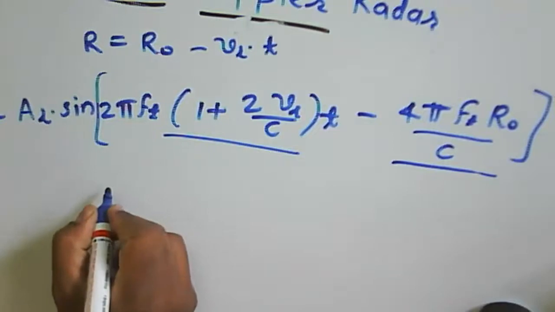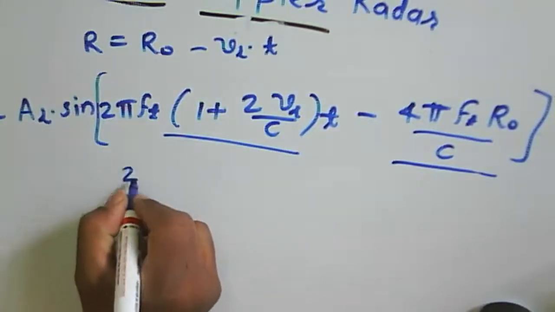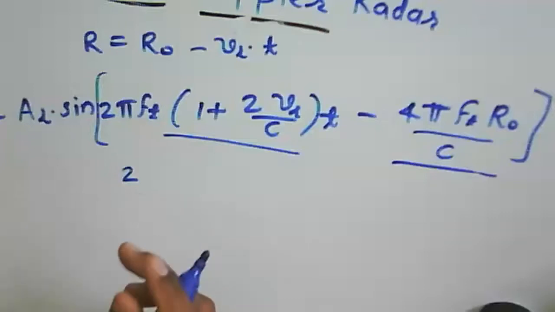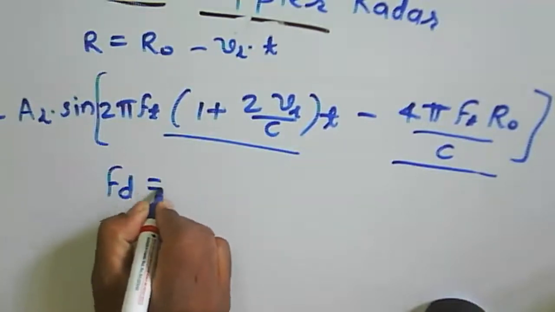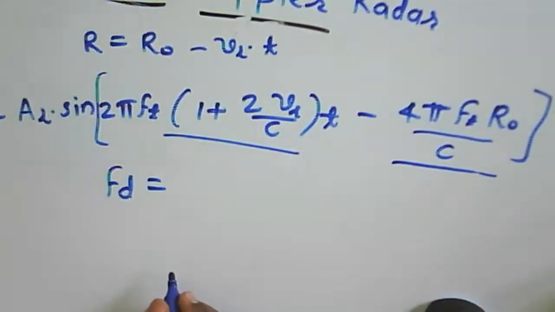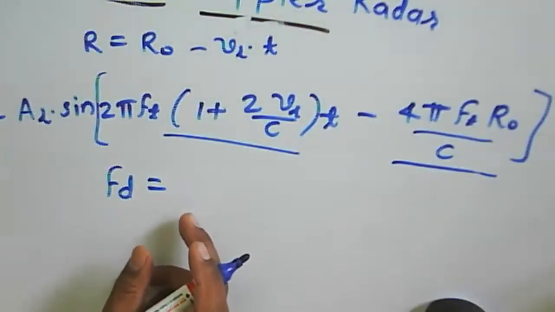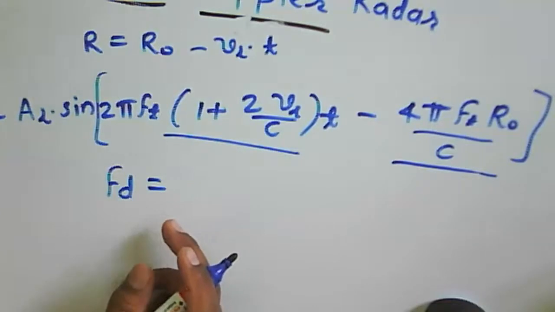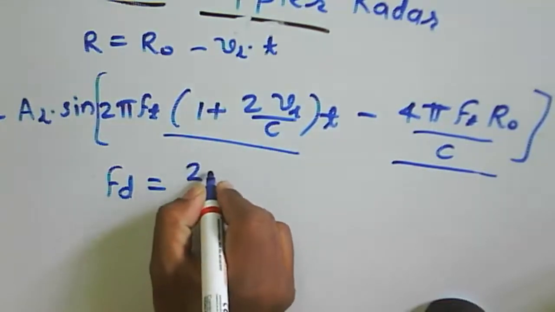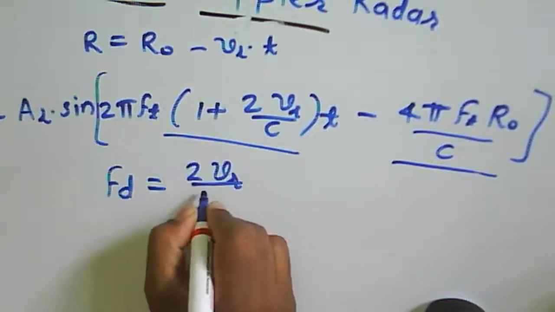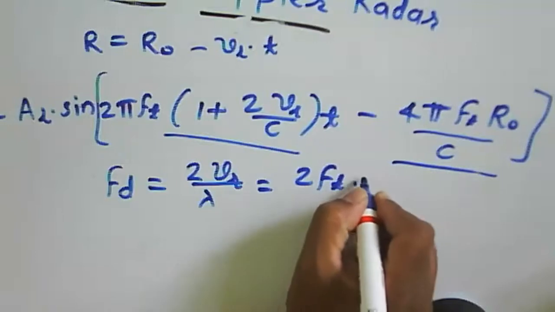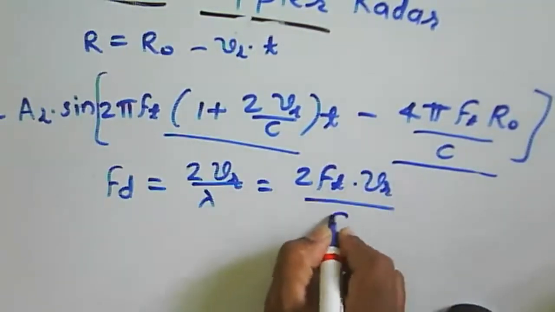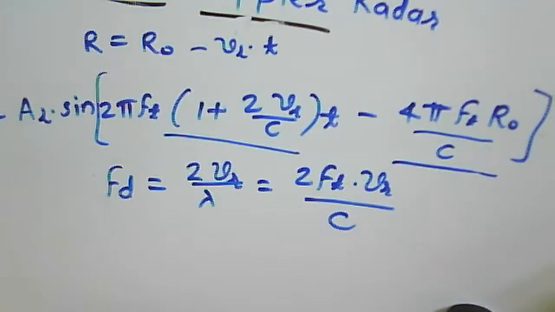Generally, earlier we said that there will be a Doppler shift. Now in that case the Doppler shift is related to the radial velocity. So we have written earlier, that is Vr by lambda, or twice of Ft into Vr by C, that we have mentioned earlier.